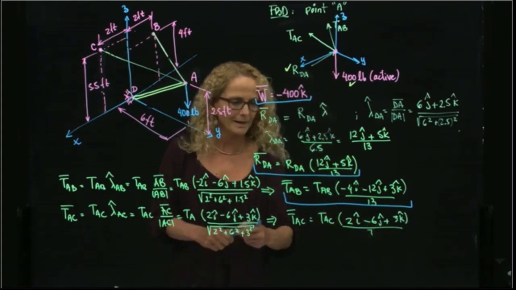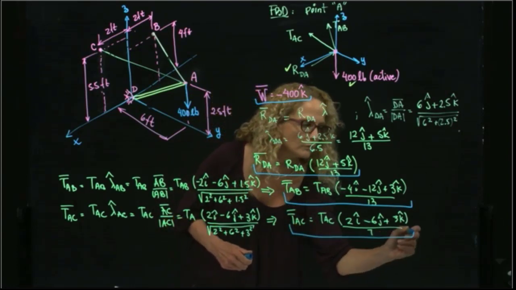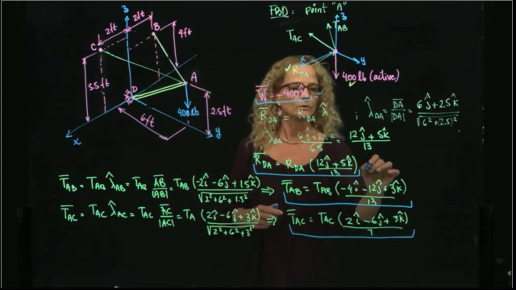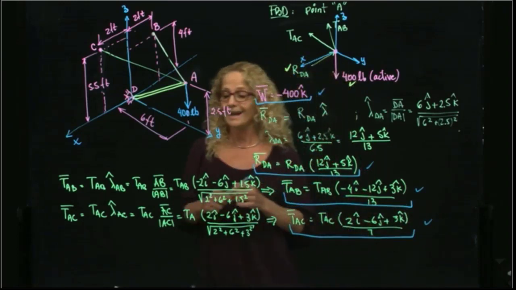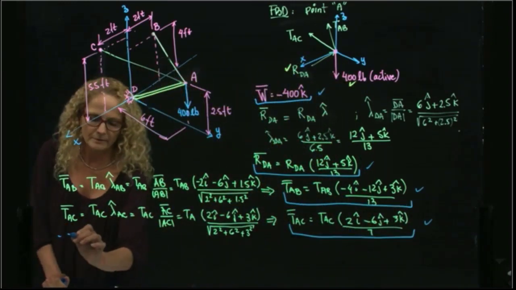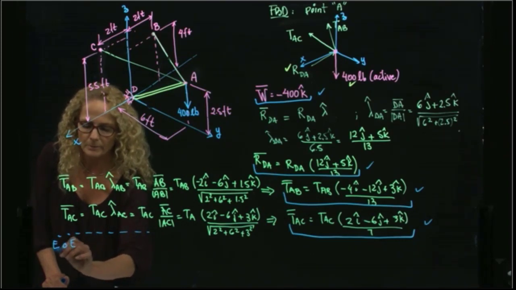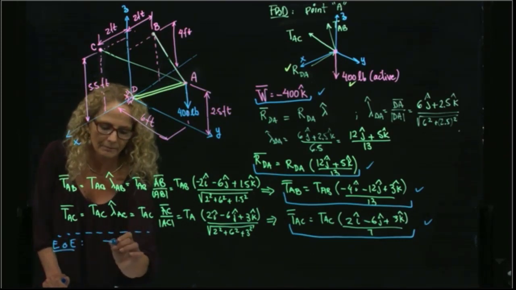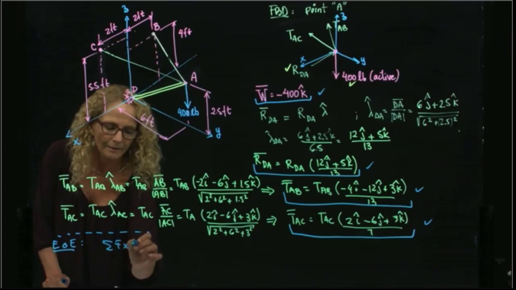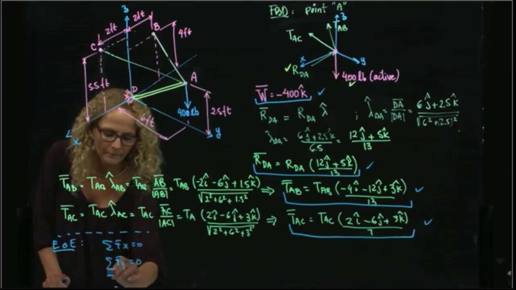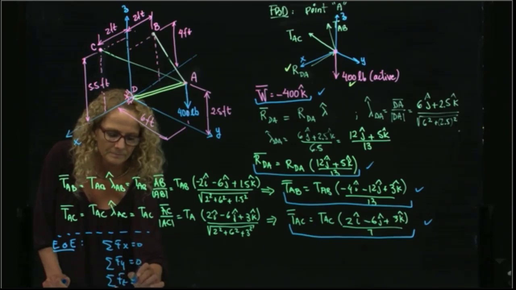Okay, so I got my last vector in components. So I got this vector, this vector, this vector, and this vector. Now, with the little space that I have, I will do my equations of equilibrium in 3D. That means adding forces in X, adding forces in Y, and adding forces in Z.